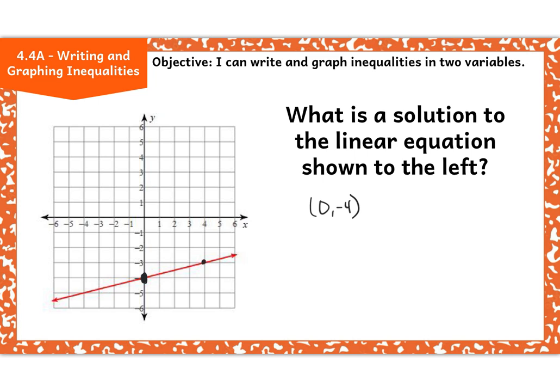Or the point (4, -3) is also a solution because it's another point on the line. Any point on the line would be considered a solution. Any point not on the line is not a solution. So for example, the point (2, 4) is not on the line, so it is not a solution.